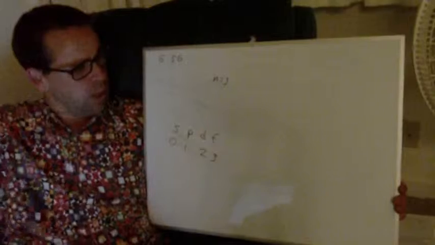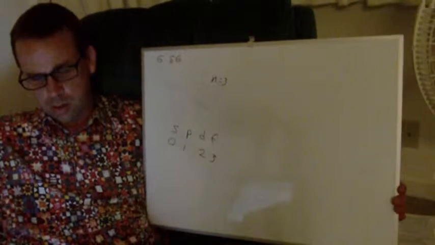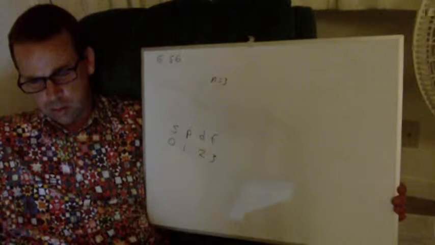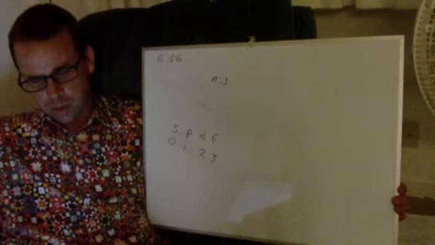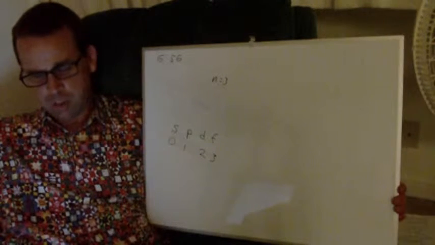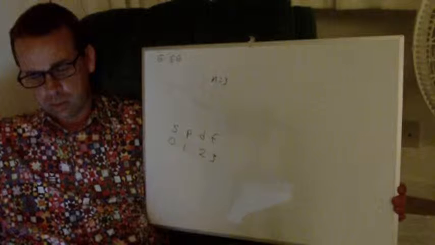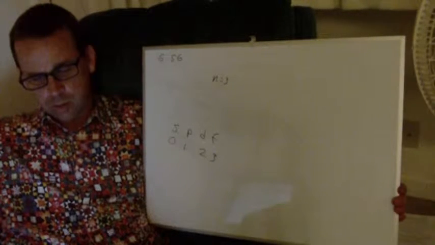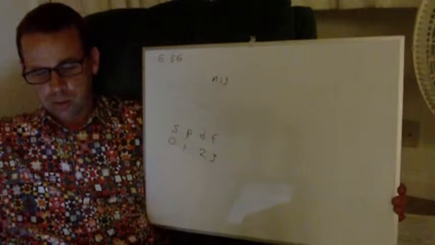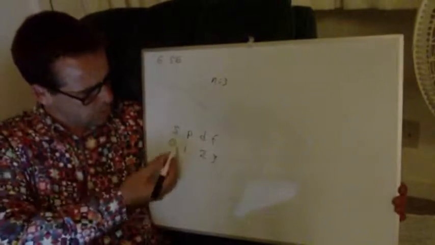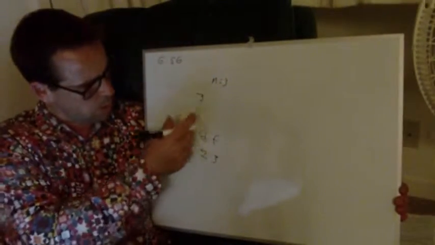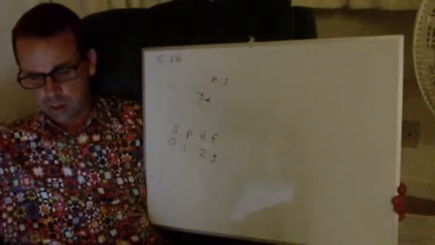Alright, when n equals 3, L has to be either 0, 1, or 2, but it can't be -3, so that one's not allowed. If n equals 3, we can have L equaling 2, that's okay. And if L equals 2, that means that has a 3D. So L equals 2, so 3D orbital.